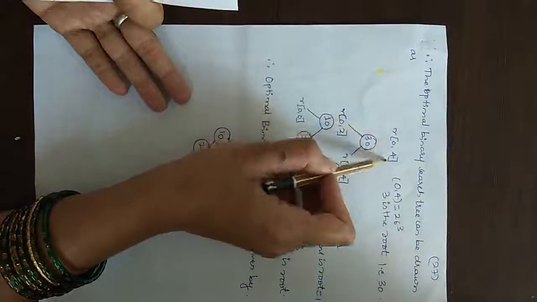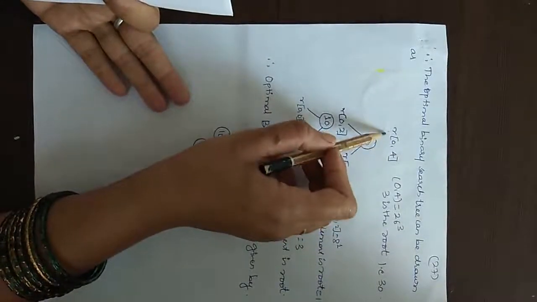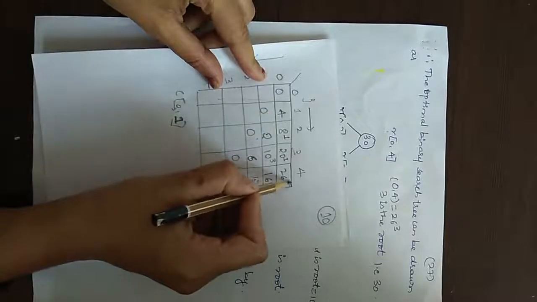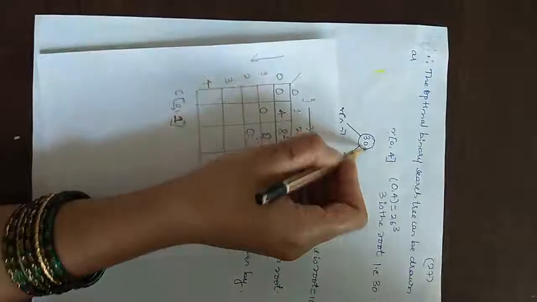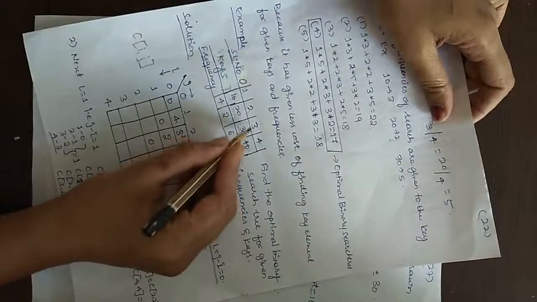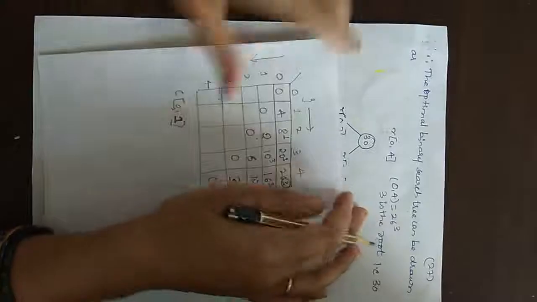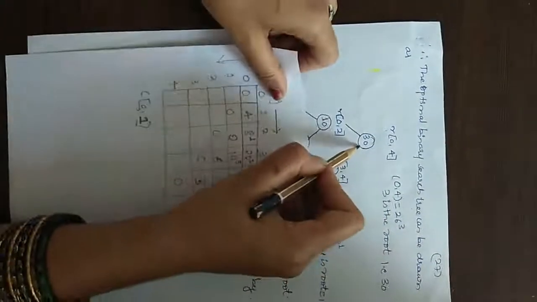So R of 0 comma 4, R means root. Now root of 0 comma 4 is 3, and 3 means 30. So 30 is the root here.